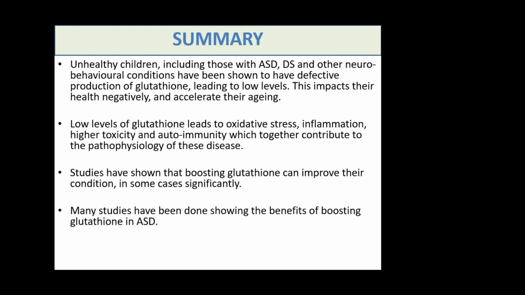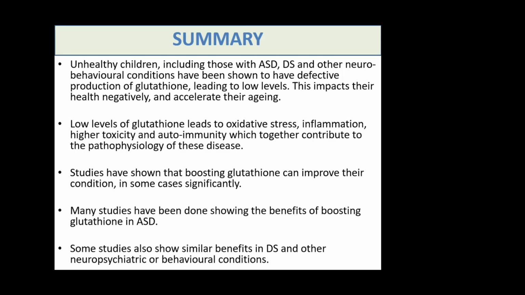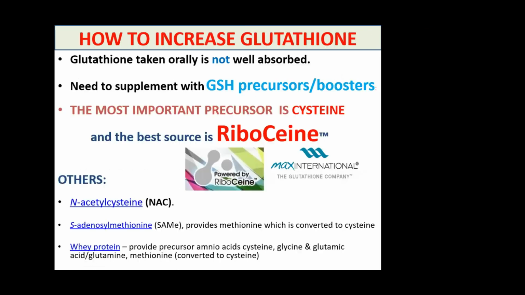And many studies have been done showing the benefits of boosting glutathione in ASD, and some studies also show similar benefits in Down syndrome and other neuropsychiatric or behavioral conditions. So how do we increase glutathione in these unfortunate children and also us? Because as we age, we also face the same problem of low glutathione and imbalanced redox.